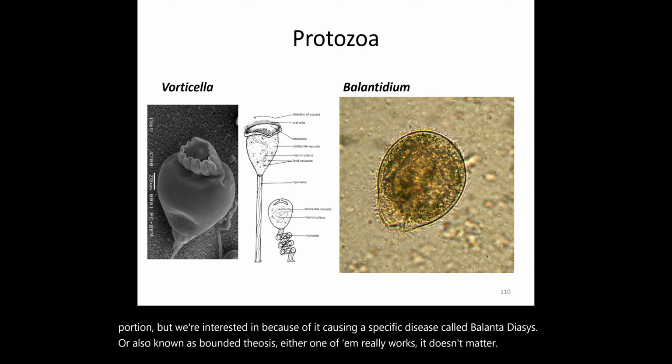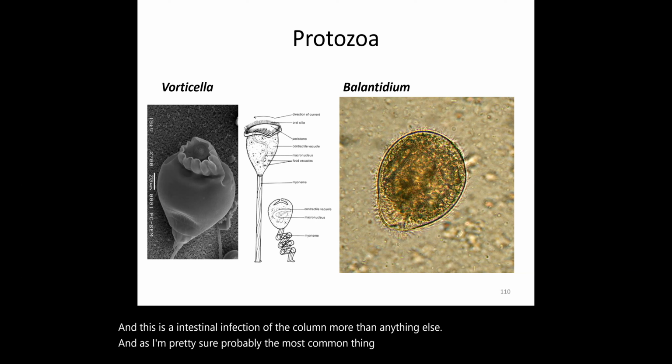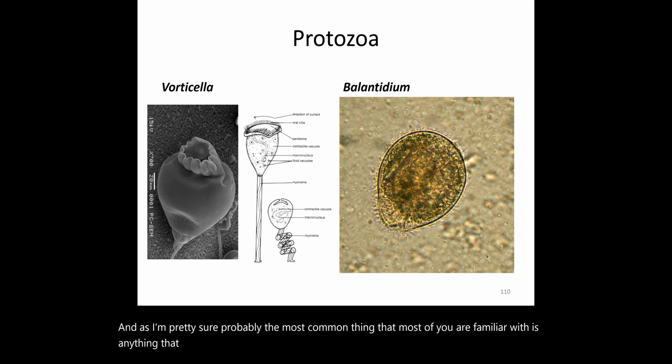This is an intestinal infection of the colon more than anything else. As I'm pretty sure most of you are familiar, anything that infects your colon usually ends up causing large amounts of GI distress.